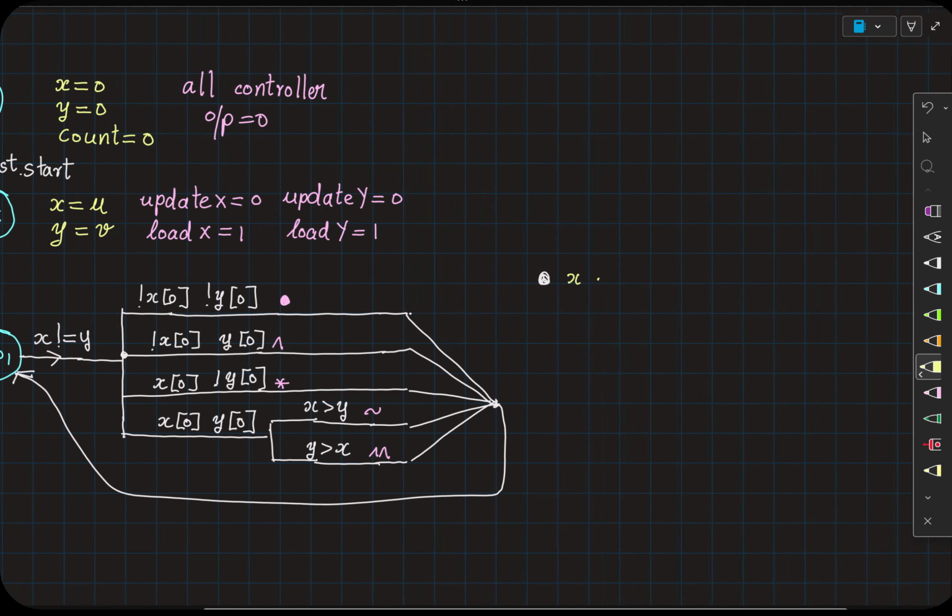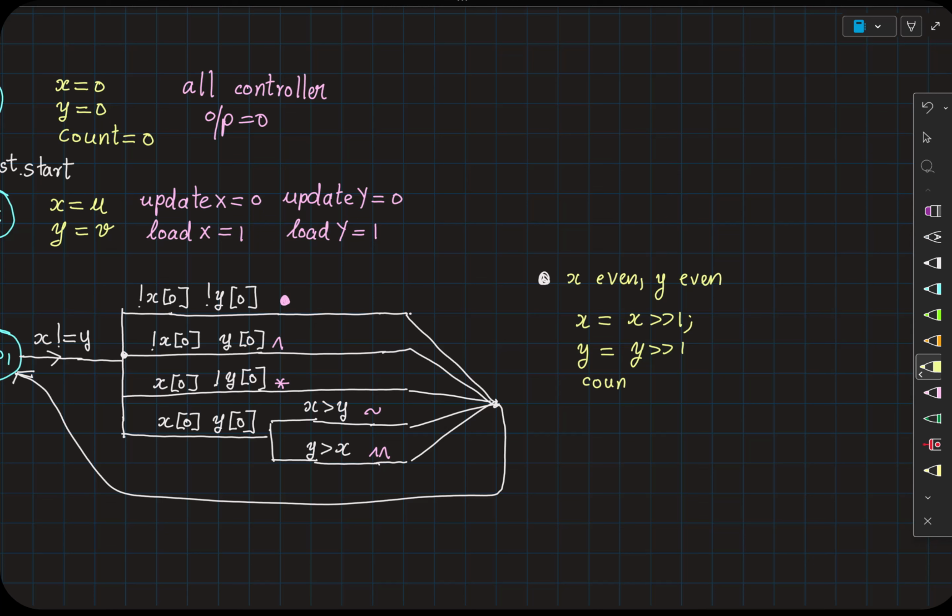So this corresponds to x being even, y being even. So you want your x to be X by 2, or in terms of shifting, X has to be right shifted. What about Y? Y has to be right shifted. What about count? Yes, count equals count plus 1.